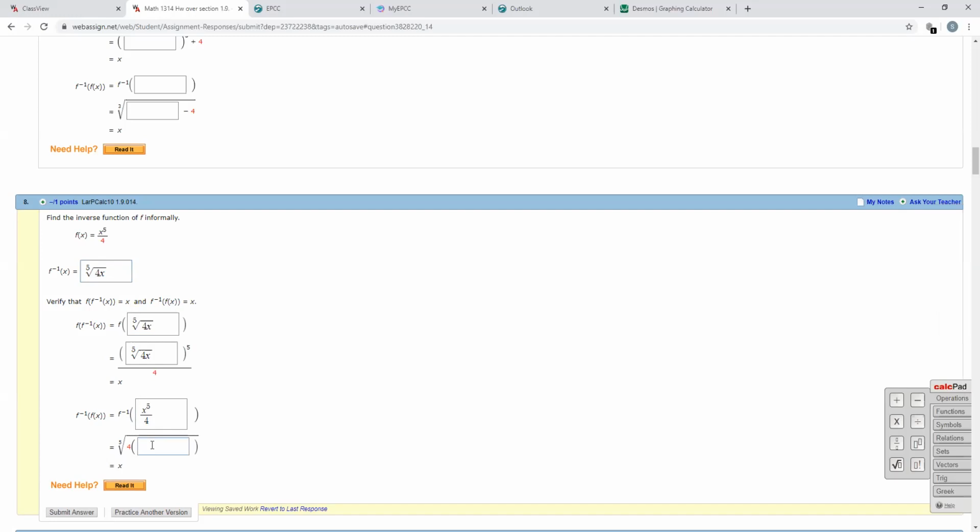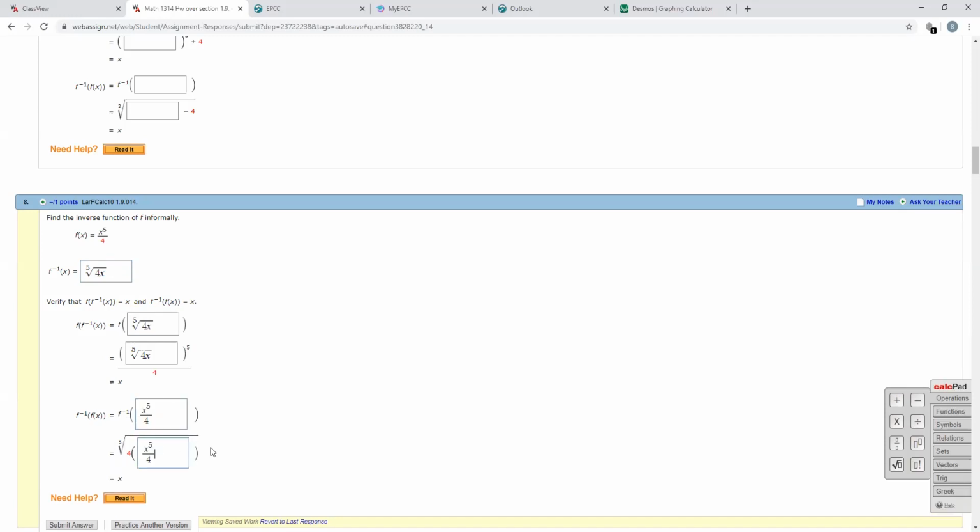So right here, maybe it'll copy this time. It did. And now simplify.